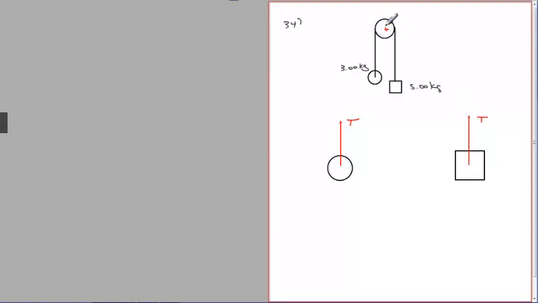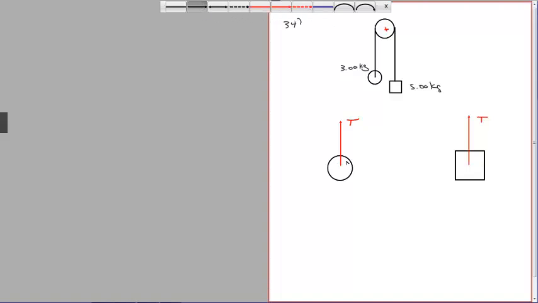But because it's frictionless, and also the pulley has no mass or negligible mass. If we had a mass to the pulley, but no friction, then these still would be equal to each other. Is that true? No, actually they would be different. So it's both because it's frictionless and it's massless. Okay, so those are the tensions from the string.